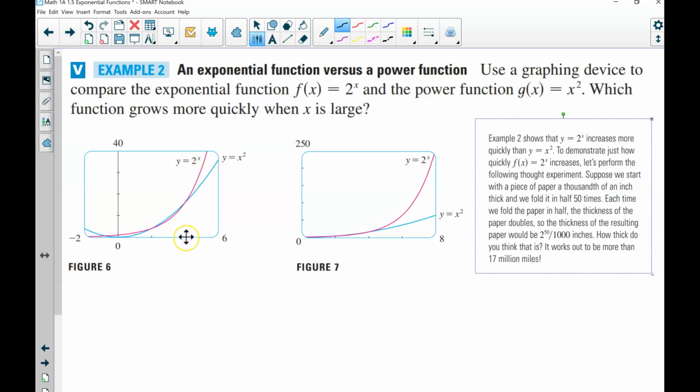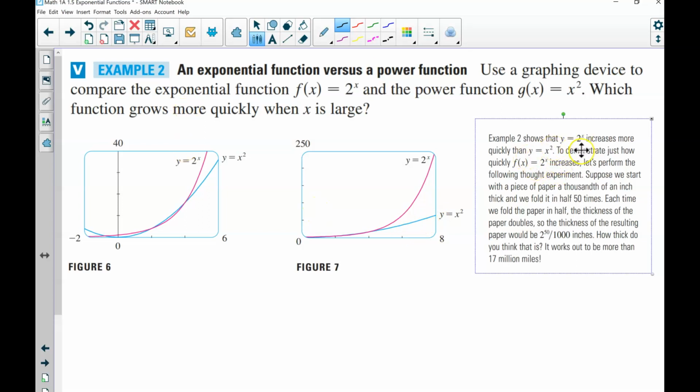So here is where x is 4, and anything greater than that shows this graph is above y equals x squared. Now figure 7 gives more of a global view and shows that for large values of x, the exponential function y equals 2 to the x grows far more rapidly than the power function, the parabola y equals x squared.